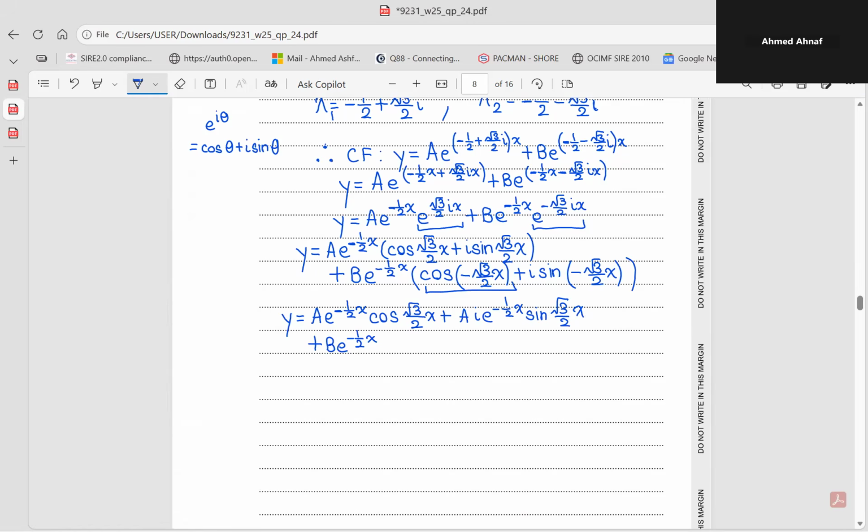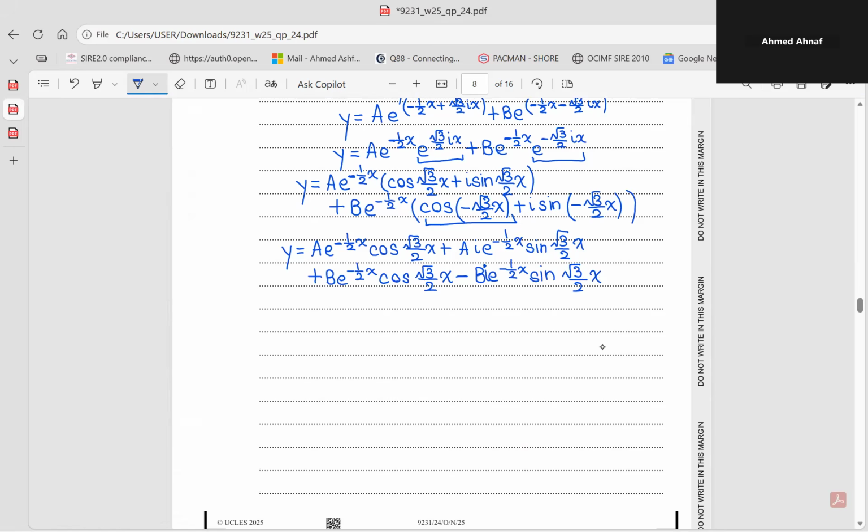Cosine of negative square root 3 over 2 x is the same as cosine square root 3 over 2 x, and sine of negative square root 3 over 2 x is the same as minus sine square root 3 over 2 x. So therefore, that's going to be b times i times e to the power of negative half x sine square root 3 over 2 x.